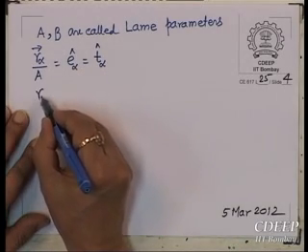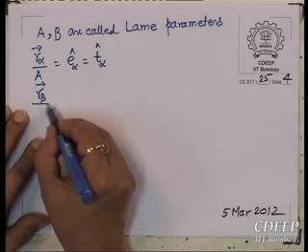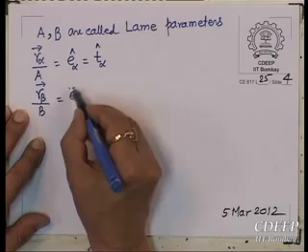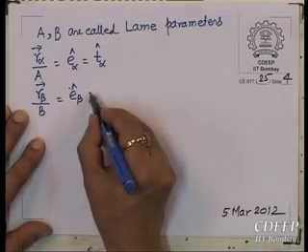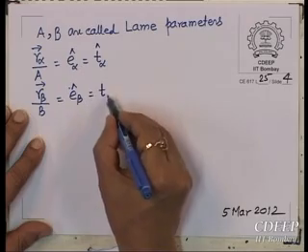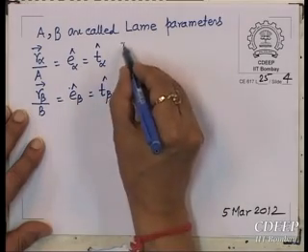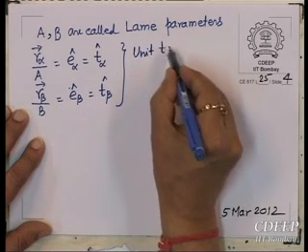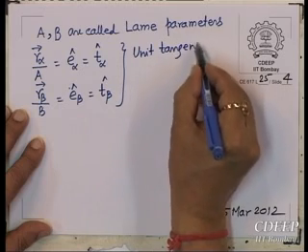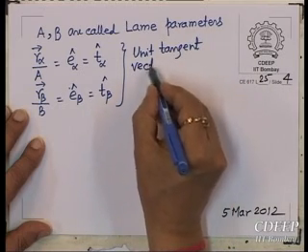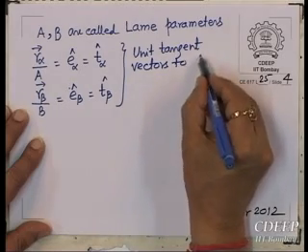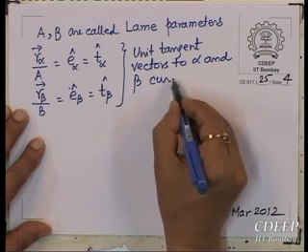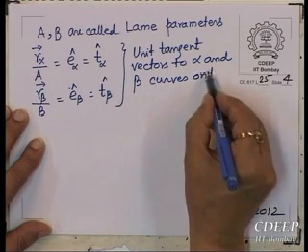And similarly R beta divided by B is a unit tangent vector. So these are unit tangent vectors to the alpha and beta curves on the surface.